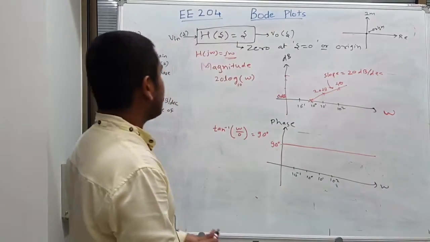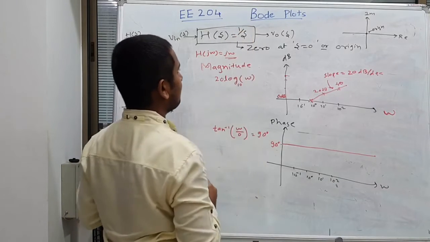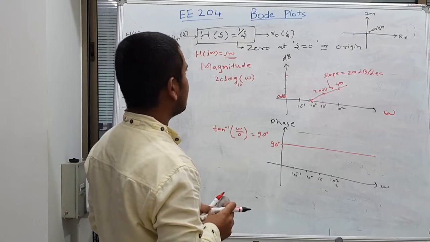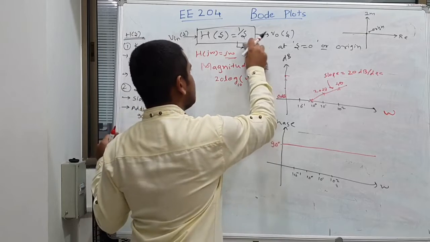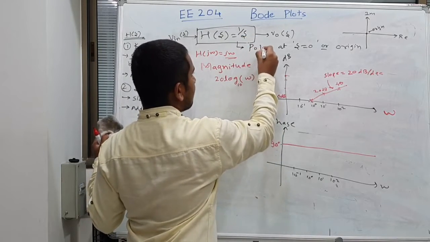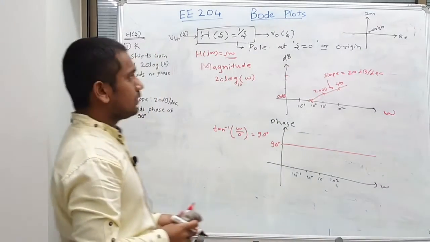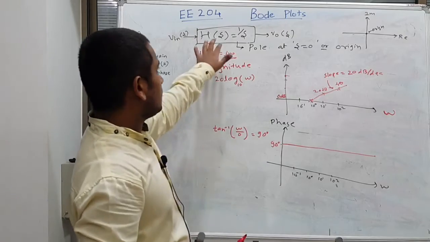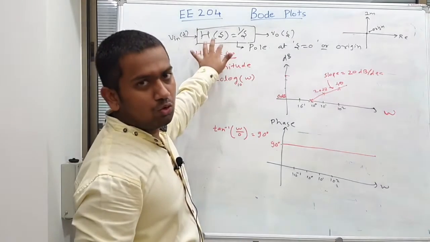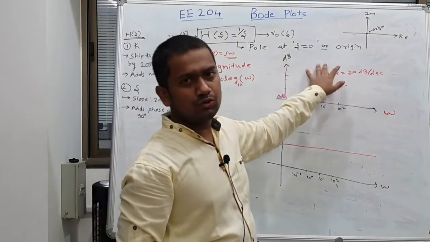Now let's look at when the system is 1 by s. It means that there is a pole at s equal to 0, or origin. A system goes to infinity for s equal to 0.